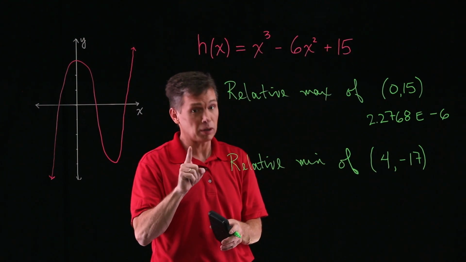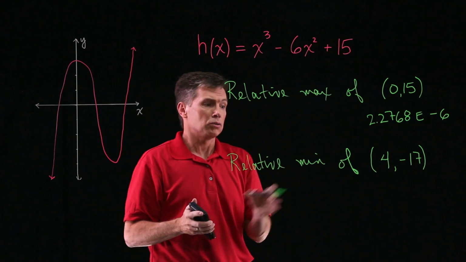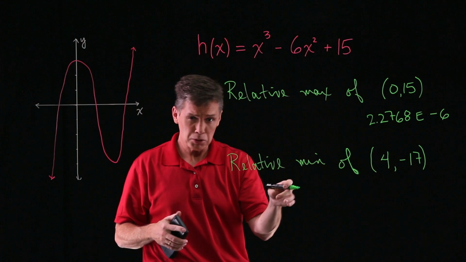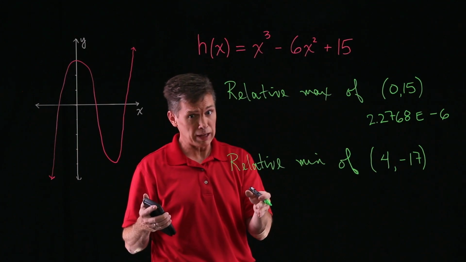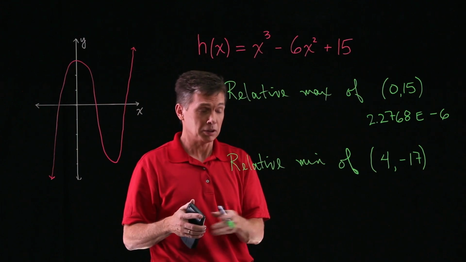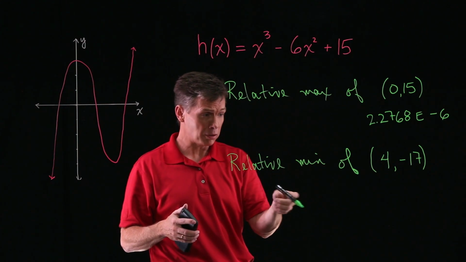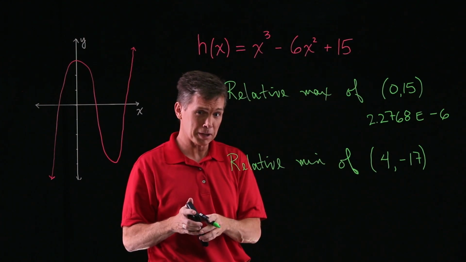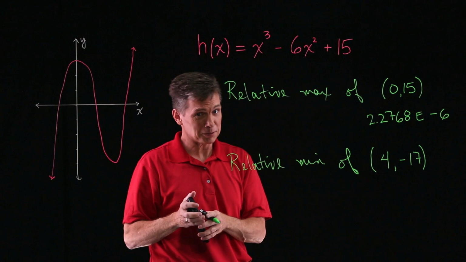Remember, the direction said to approximate, okay? So this is pretty good. And you can do the second one with that second approach if you'd like. If your graphing utility has that minimum feature, which of course it would if it had the maximum feature. Use your lower bound, upper bound, take a guess, and you should actually confirm these values, okay? All right, thanks, and I hope that helped.